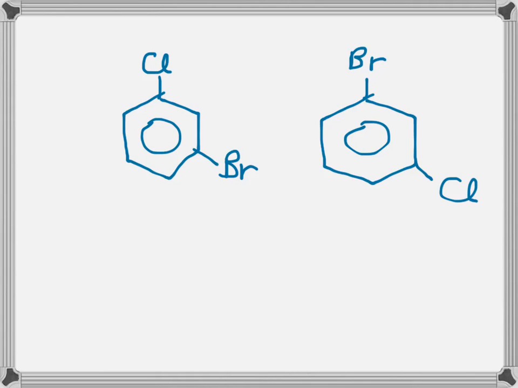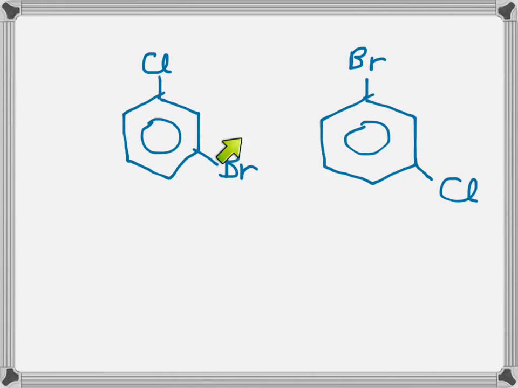They are. One of the ways you can identify if two things are the same molecule is by naming them. If you come up with the same name, they're the same thing. Remember that benzene is planar. It's a flat molecule. And so to take this one and get that one, all I did is flip it over like a pancake.